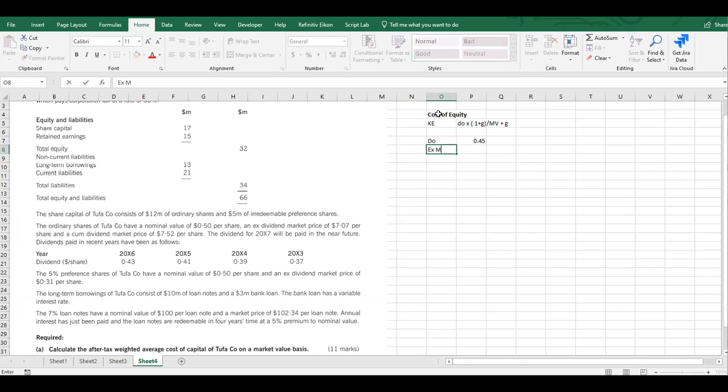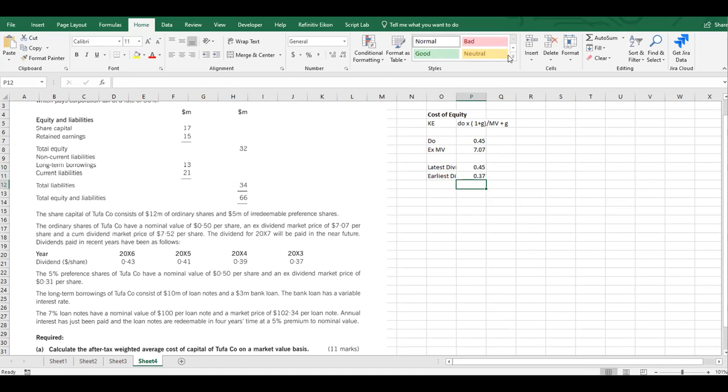Ex market value will be equal to 7.07. Latest dividend is 0.45. Earliest dividend is 0.37.